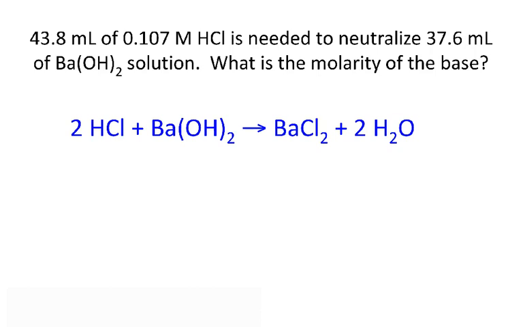Here's another example. Again, I would recommend pausing and working this through on your own. 43.8 milliliters of a 0.107 molar hydrochloric acid is needed to neutralize 37.6 milliliters of a barium hydroxide solution. What is the molarity of the base? So here we are starting with our milliliters to moles of hydrochloric acid.